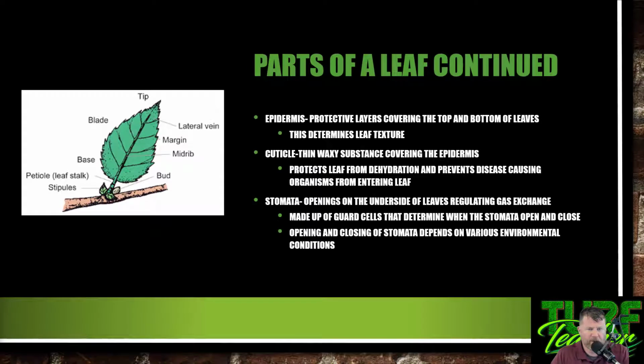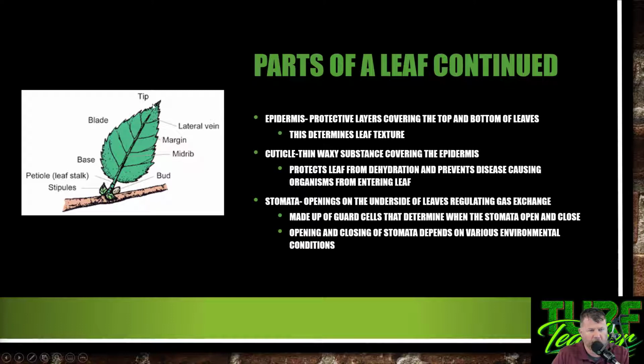Here is the picture. Again, let's just take a look at this picture first and foremost. We have a lateral vein running out right here. Here's your tip. This is your blade. Here's the base. Here we have a bud. Here's the midrib.